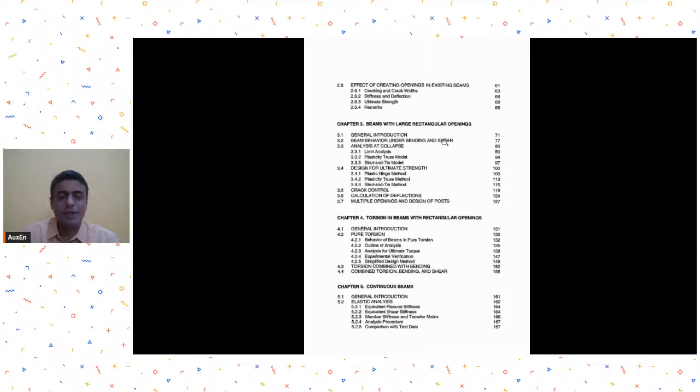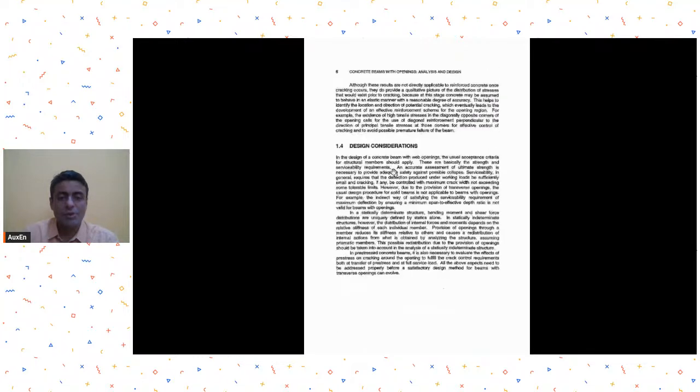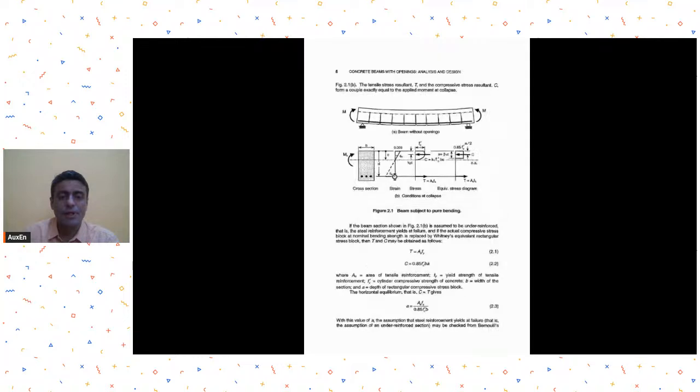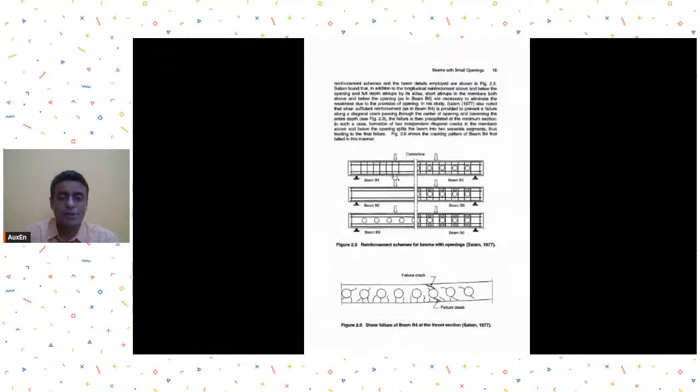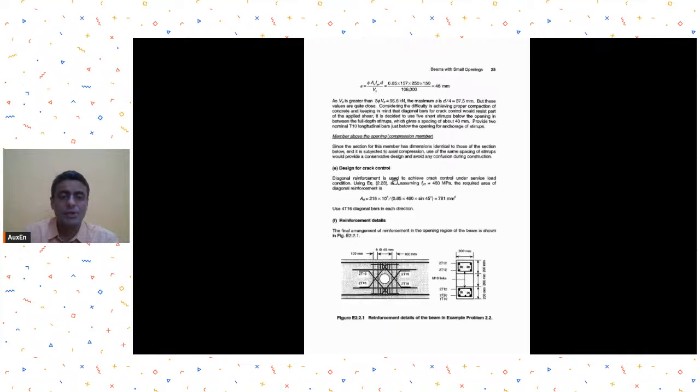So beams with small openings, beams with large rectangular openings, torsion in beams with rectangular openings, effect of pre-stressing. Quite fascinating book. So you can go through it. Okay. So all of you who have these issues related to openings in the beam can go through this book. Quite informative book, and I will recommend that you may go through it. Okay, very interesting.